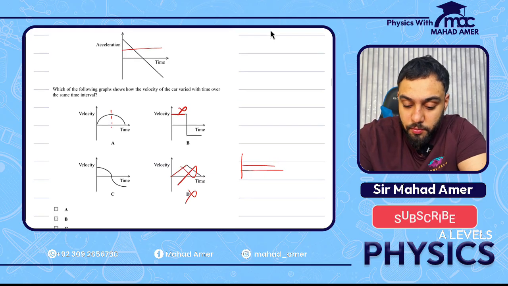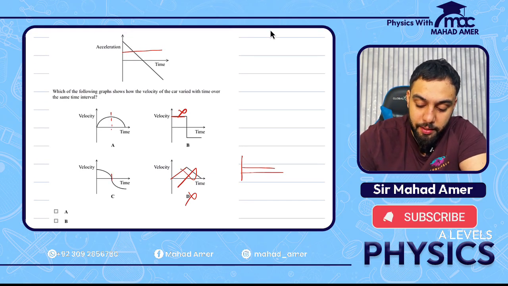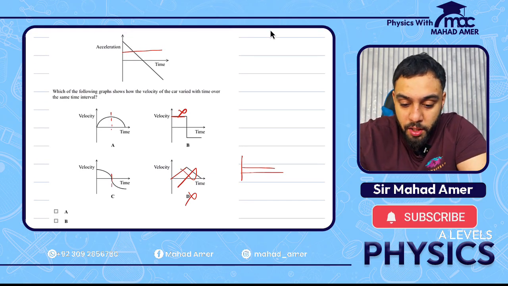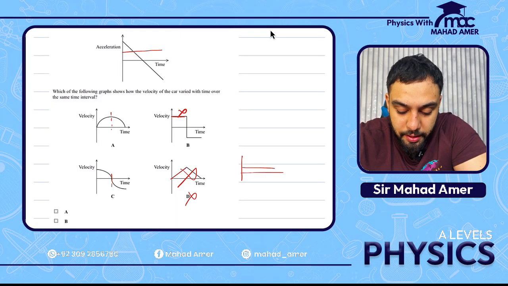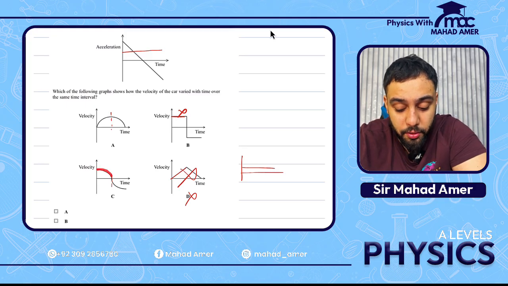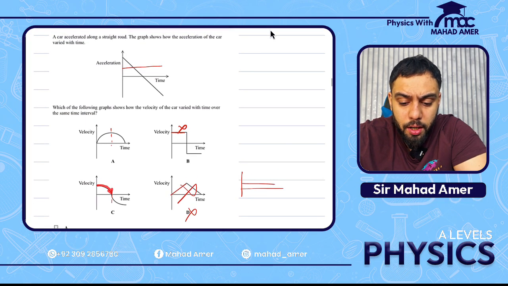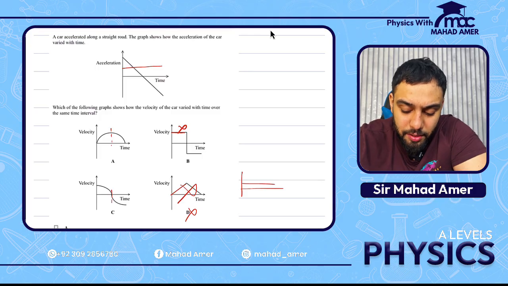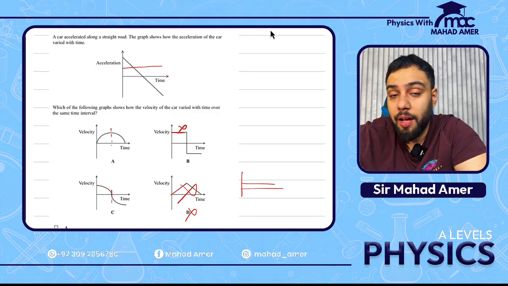For C and A, now this is a very confusing point. Initially there was somewhat of a constant velocity and the velocity's magnitude is decreasing. Well, the velocity decreasing, this should have been deceleration. Getting my point?